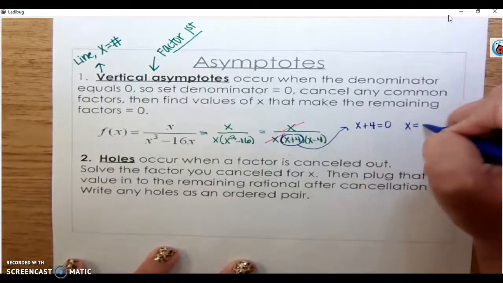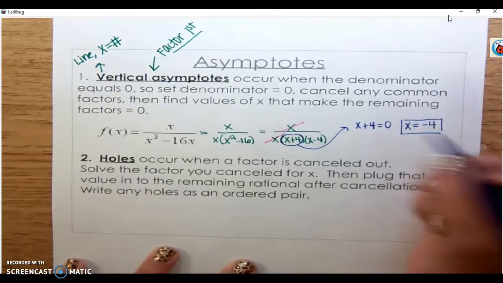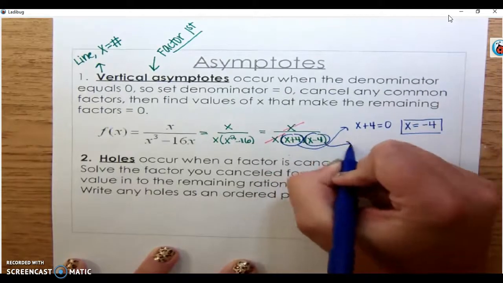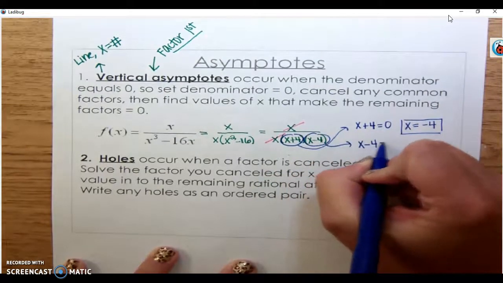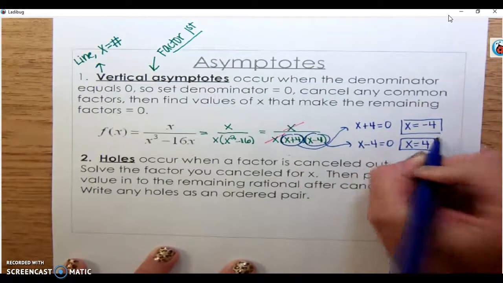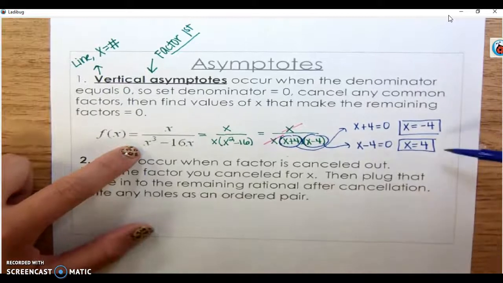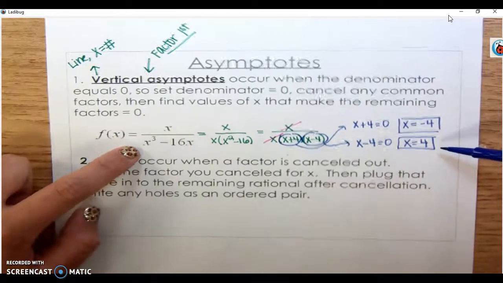One of my vertical asymptotes will be the line x equals negative 4. Then we also have this other factor, so you do the same thing here. Set it equal to 0 and solve for x. So I have two vertical asymptotes in this rational function. If we were to graph it, we have x equals negative 4 and x equals positive 4.